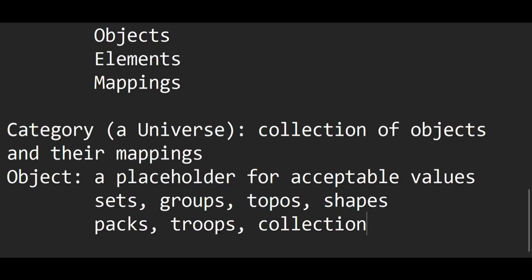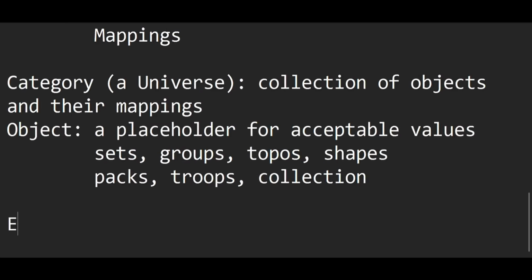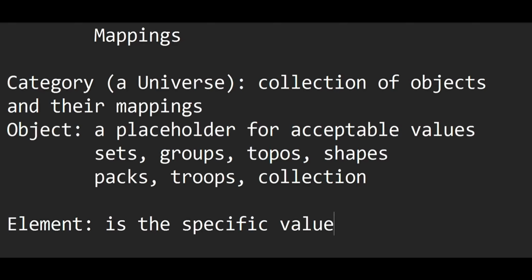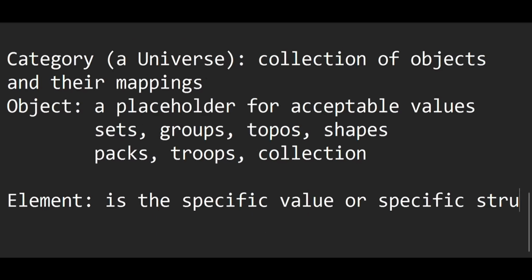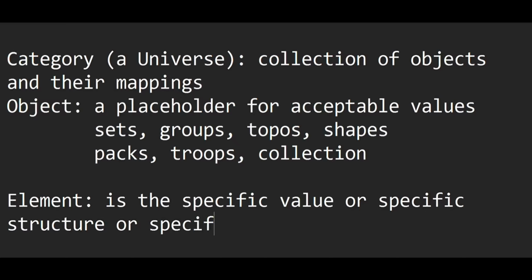With that in mind, an element is the specific value or specific structure or specific outcome, even if you want, of an object. Again, an object is whatever you want it to be.